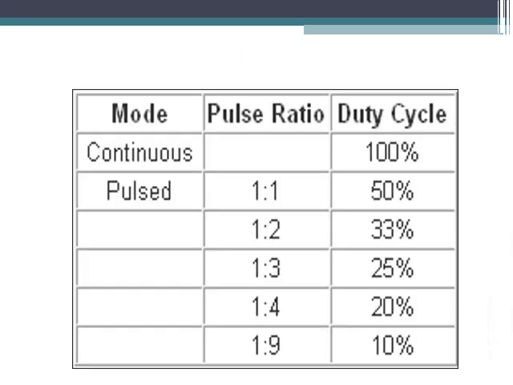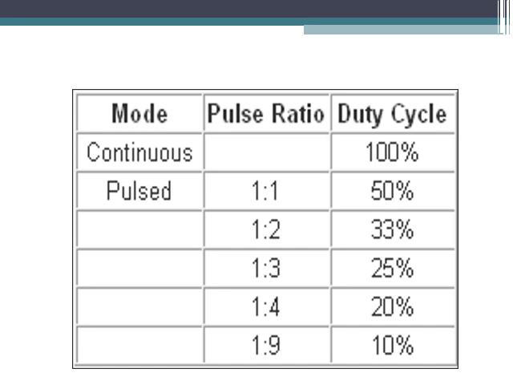Here you have different options for the pulsed ratio. If we opt for continuous mode, then it is 100%. So if you are giving 5 minutes of continuous mode, the energy is delivered to the tissue for the total 5 minutes.